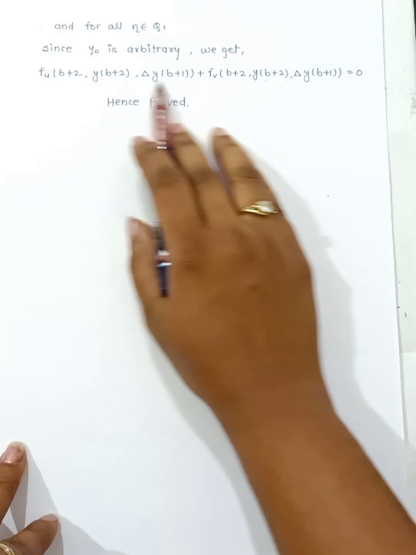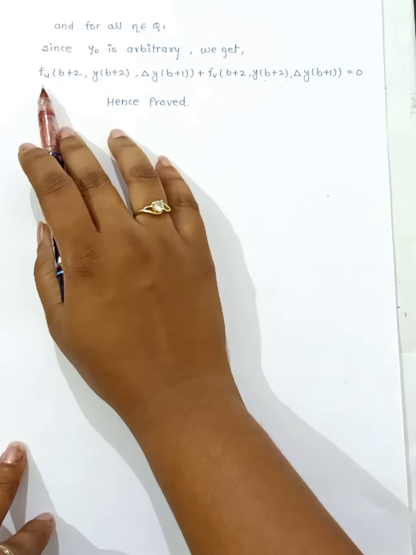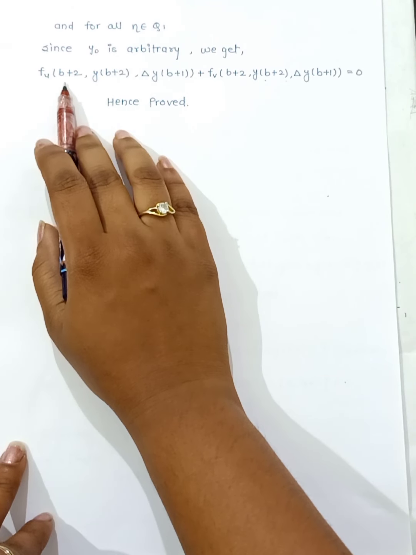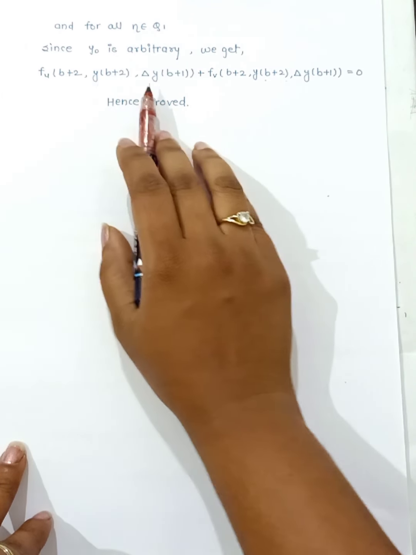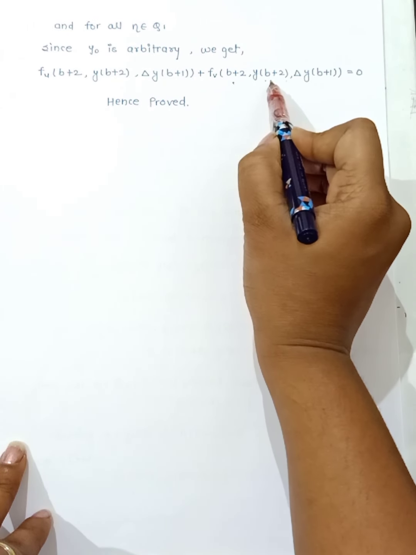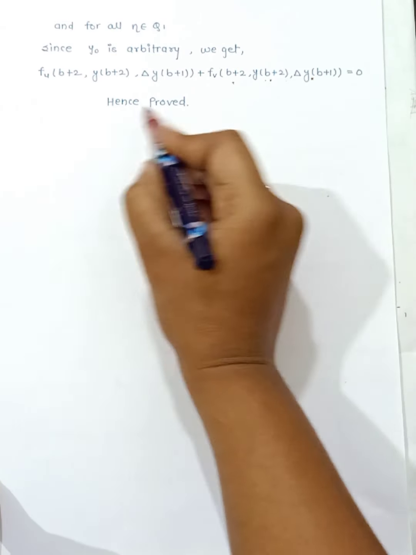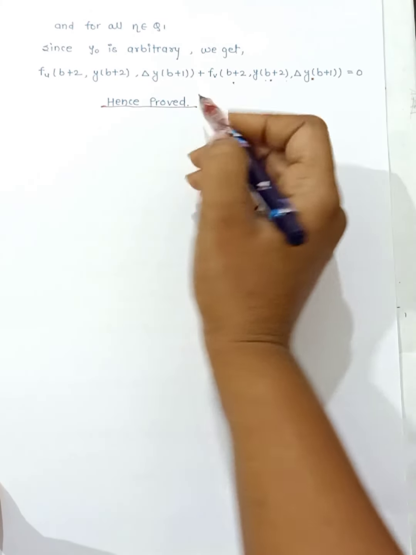So in all the places where we have y0 we will keep y. So we get f_u(b+2, y(b+2), Δy(b+1)) + f_v(b+2, y(b+2), Δy(b+1)) = 0, and hence this is proved.